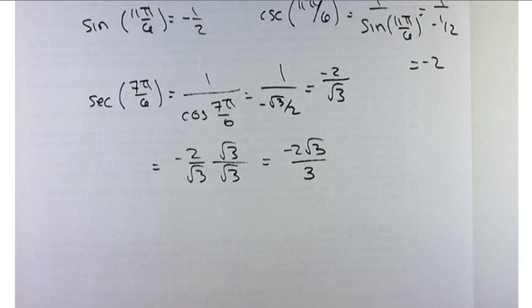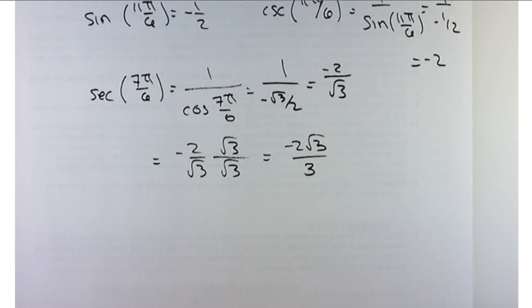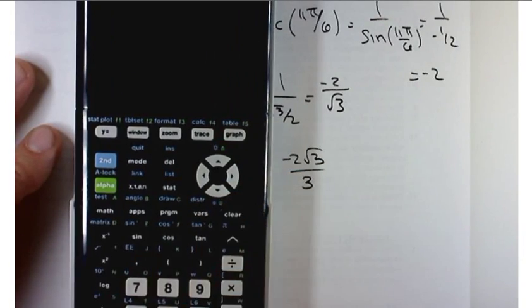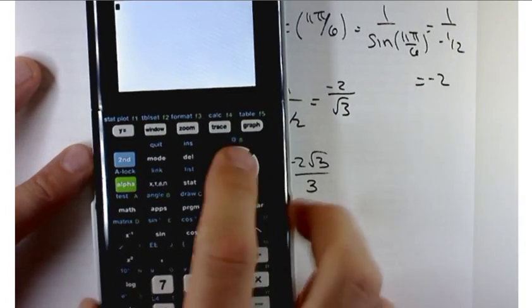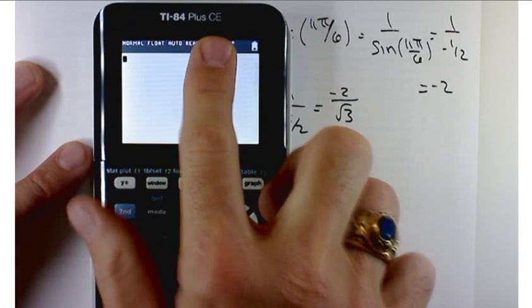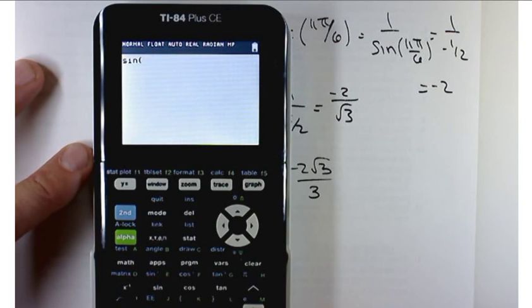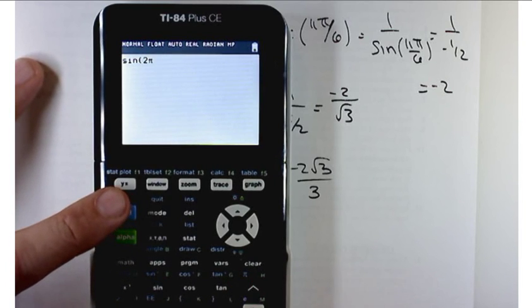Now, there is a little bit of a cheat you can do on some of these. If you're looking at these and going, oh, I just don't remember these things, that's fine. I understand it. With your calculator in Radian mode, and the cool thing about the new ones is they are in Radian mode, you can do sine of, say, 2 pi divided by 3.